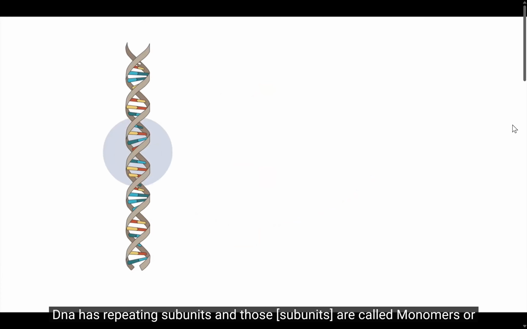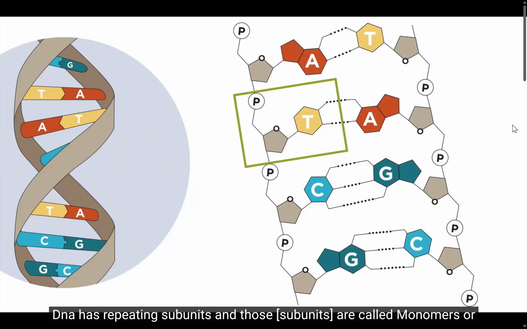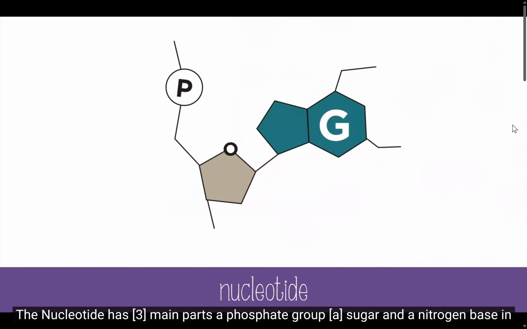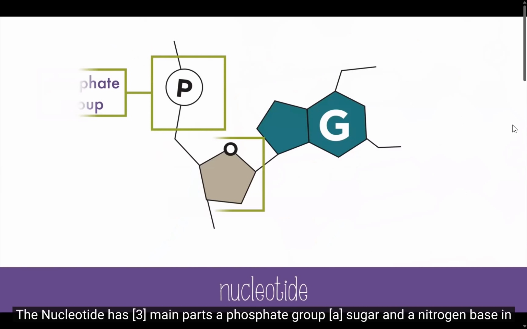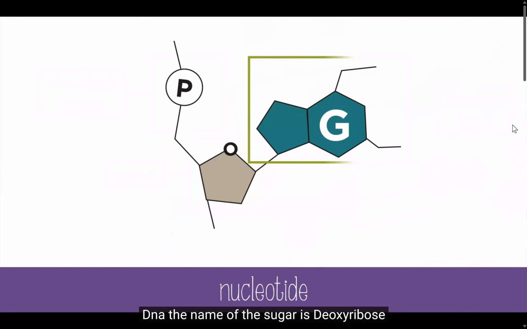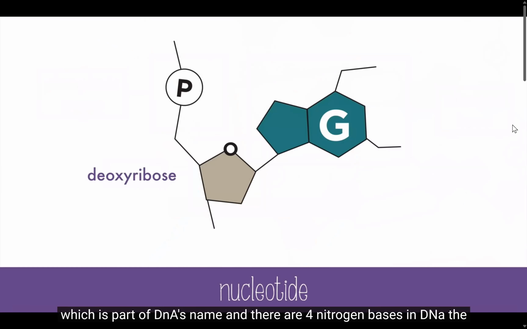The DNA has repeating subunits, and those subunits are called monomers, or nucleotides specifically. The nucleotide has three main parts: a phosphate group, a sugar, and a nitrogen base. In DNA, the name of the sugar is deoxyribose, which is part of DNA's name. And there are 4 nitrogen bases in DNA.